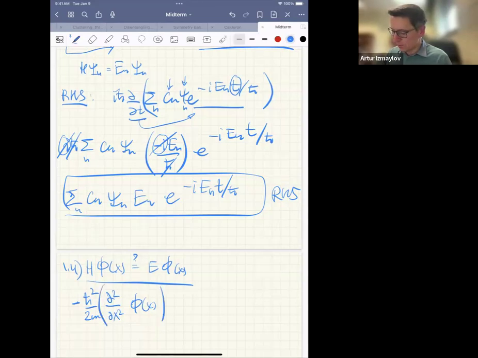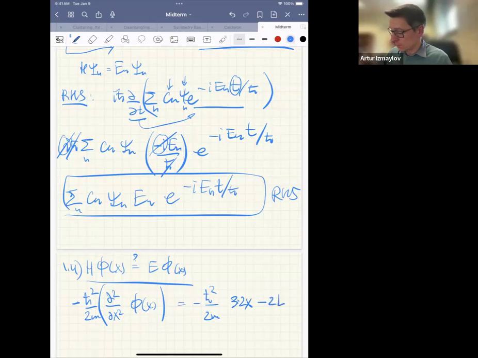The second derivative acting on the function is going to be minus h bar squared over 2m, and double differentiation of x cubed gives you 3 times 2 times x, and double differentiation of minus L multiplied by x squared is going to give you minus 2L.